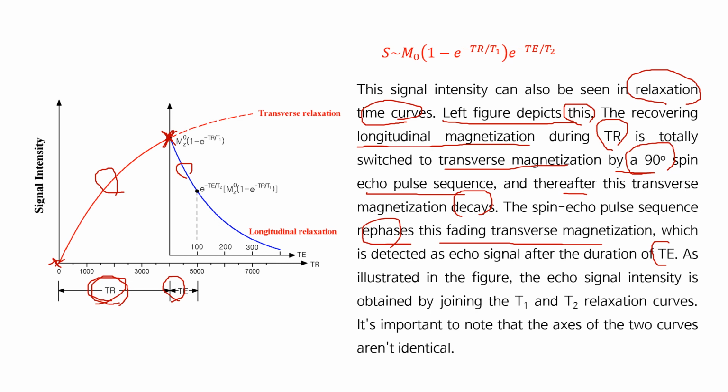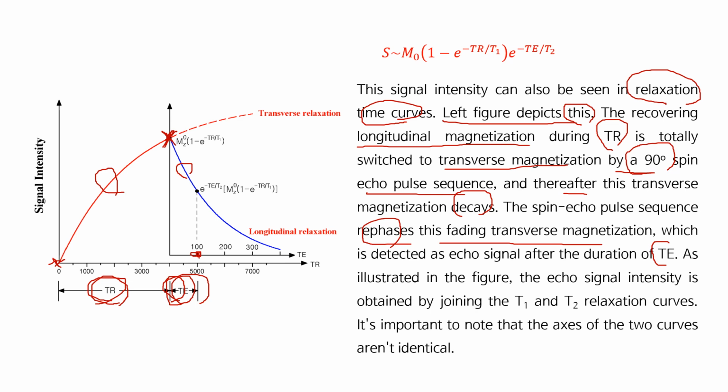So after the 90-degree pulse is turned off, we have the echo signal here. Okay.